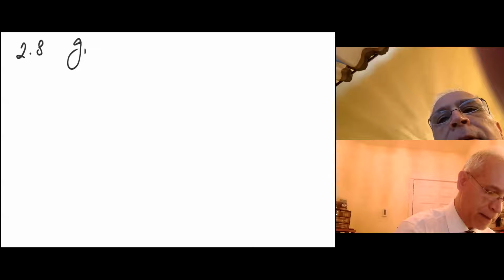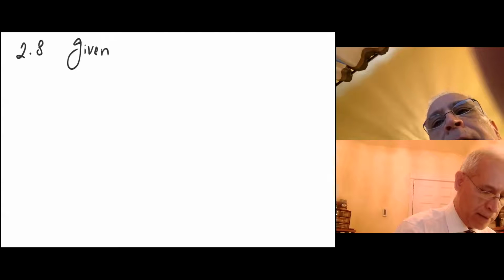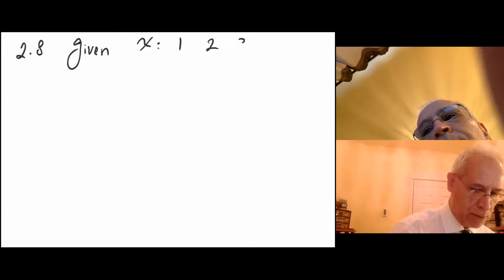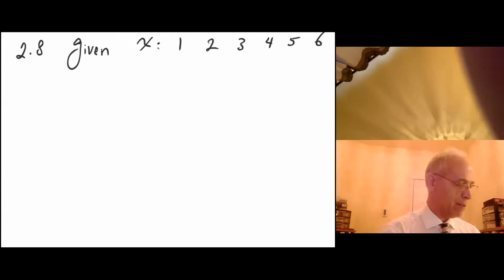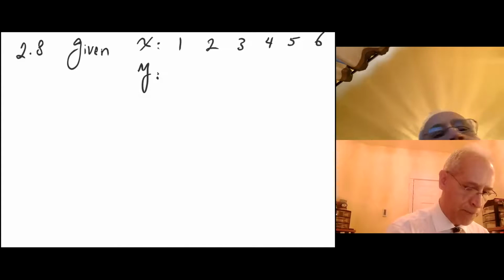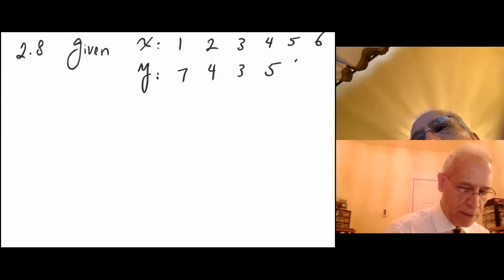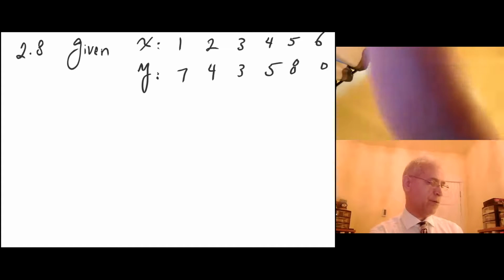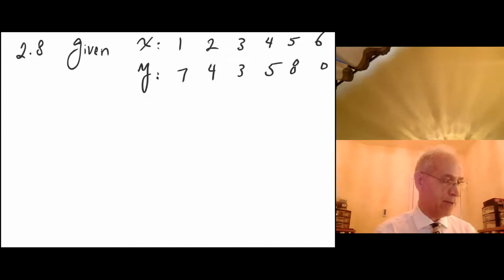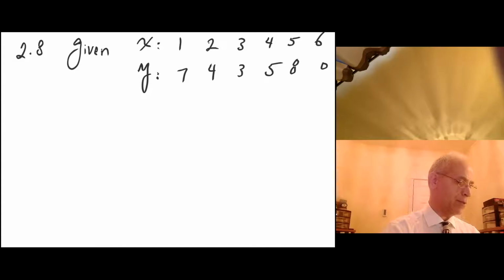The x values are 1, 2, 3, 4, 5, and 6, and the corresponding y values are 7, 4, 3, 5, 8, and 0. So 1 goes to 7, 2 goes to 4, 3 goes to 3, 4 goes to 5, 5 goes to 8, and 6 goes to 0.